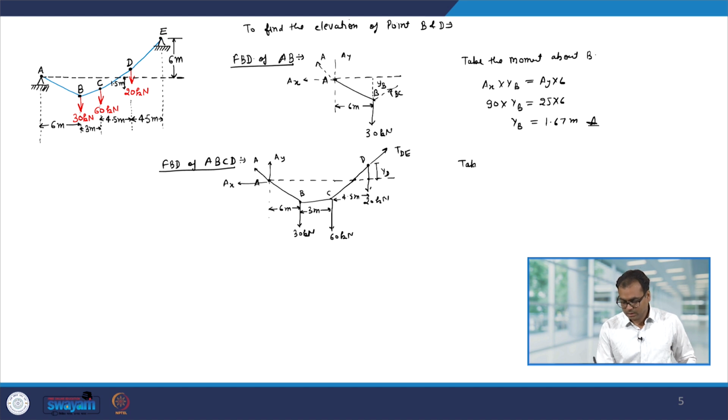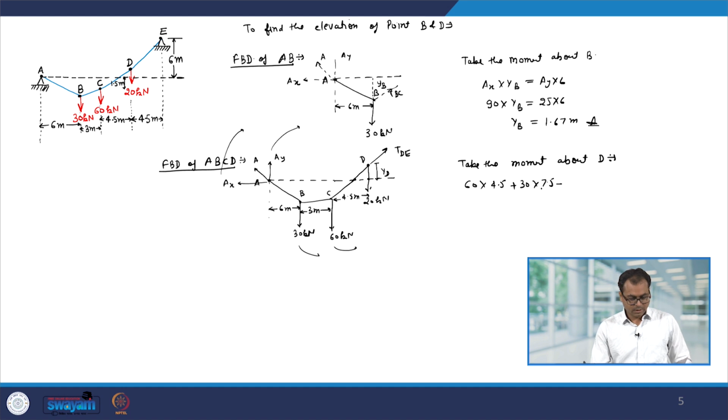So, let us take the moment about point D. I have 60 kilonewton force multiplied by the normal distance, which is 4.5, plus 30 into 7.5, minus, because this force has a tendency to rotate like that. So, they are in the clockwise direction.